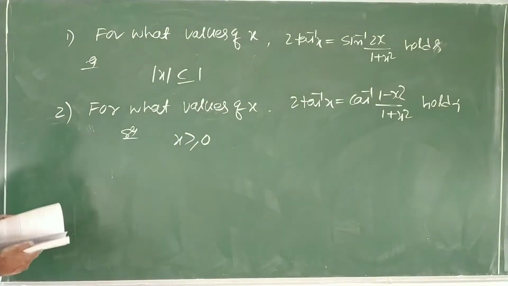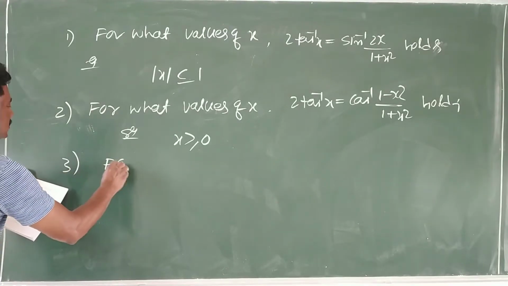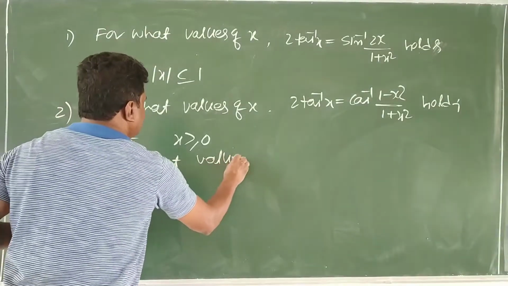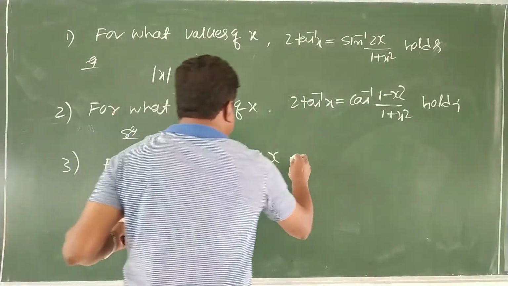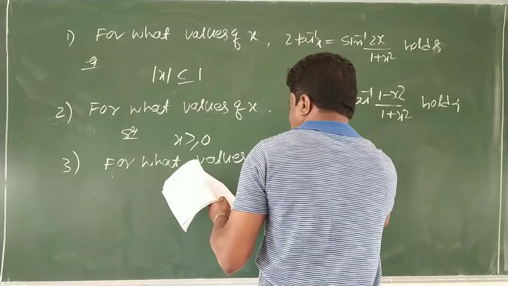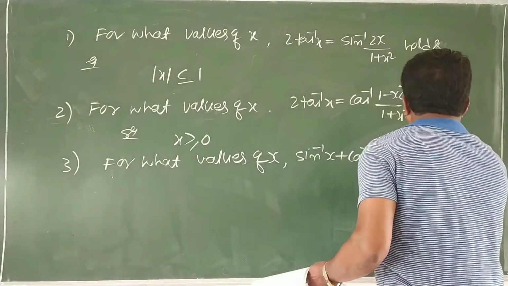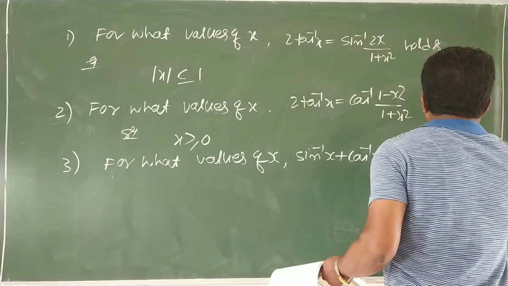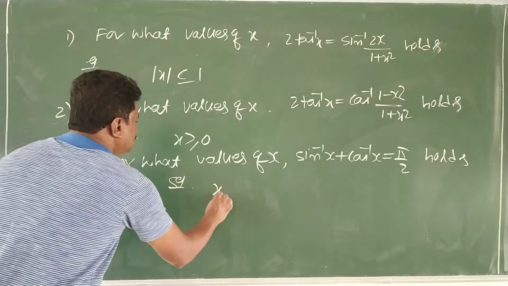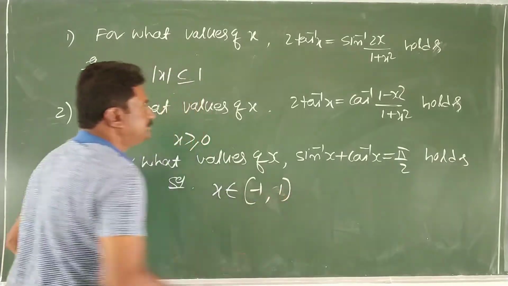Next question, third one. For what values of x does sine inverse x plus cos inverse x equals pi by 2 hold, that is, become true? Solution: for these x values, x belongs to the closed interval minus 1 to plus 1.